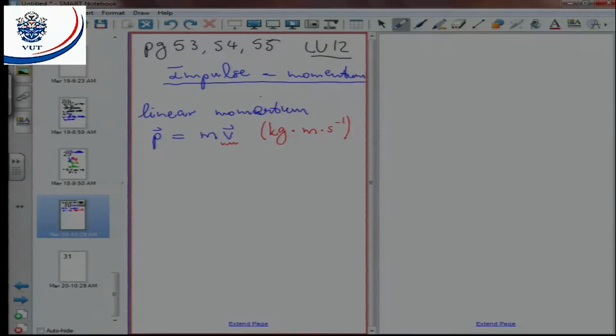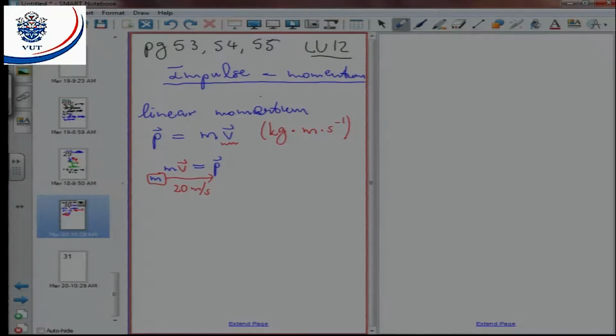So what is this thing? Remember that if you've got a block and it's moving, say, in that direction with some speed v, the speed was something like 20 meters per second. So that's how fast the thing was moving. Now with momentum, we just need to multiply the speed by m, where m is the mass of the object, and now this vector becomes momentum.